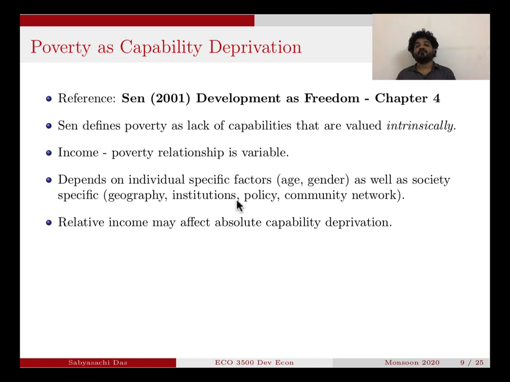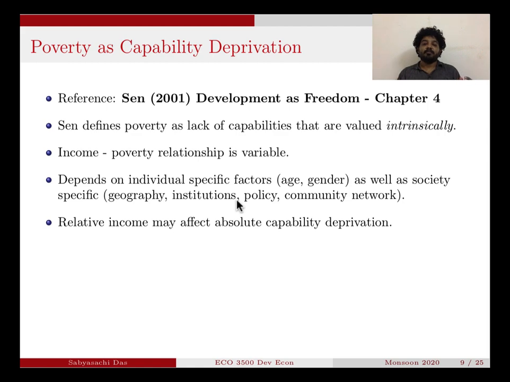And then he points out that the income-poverty relationship can be understood to be variable if one thinks of this multidimensional view of poverty, poverty as lack of freedom or lack of capabilities.